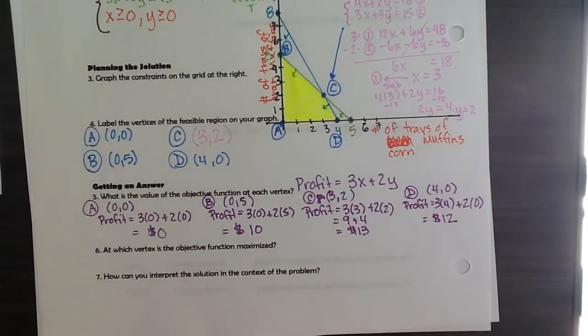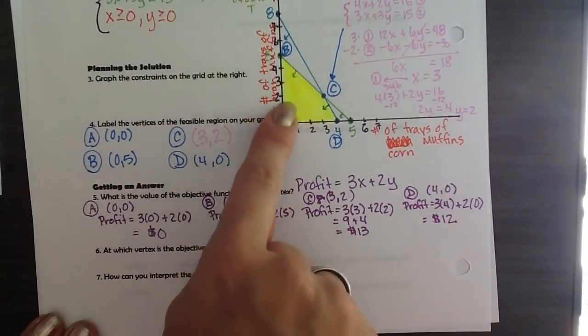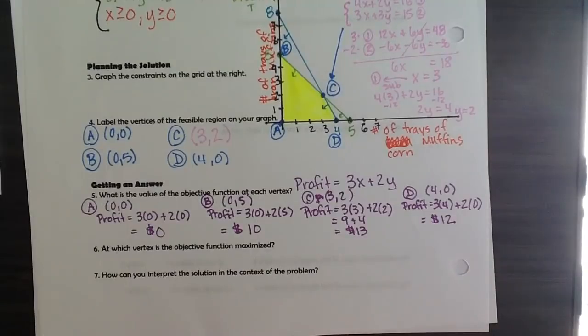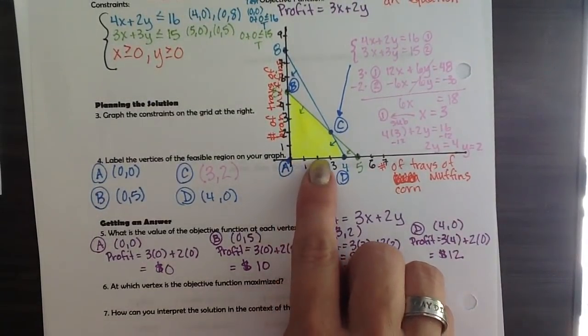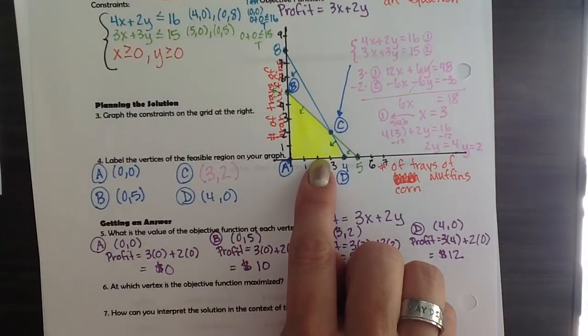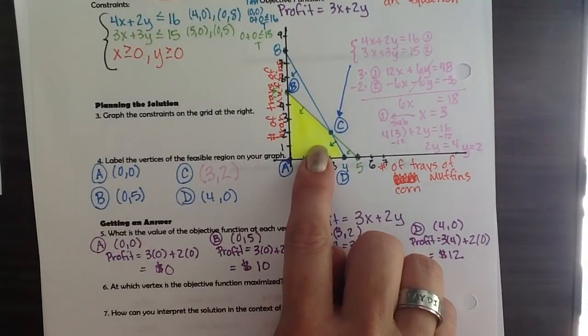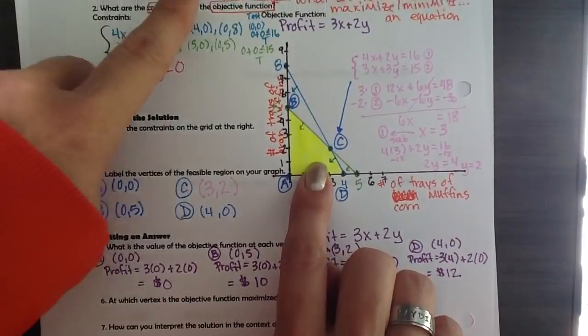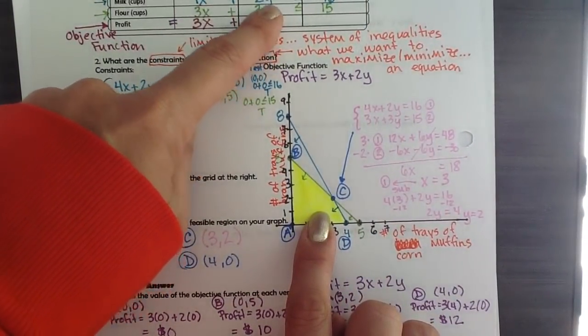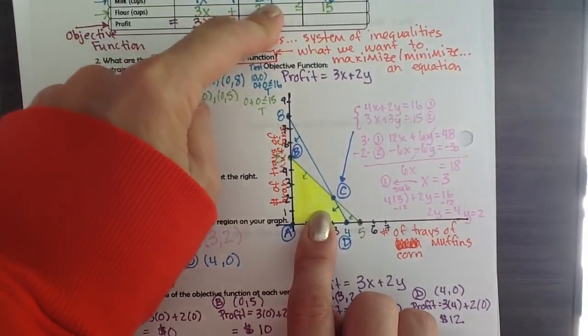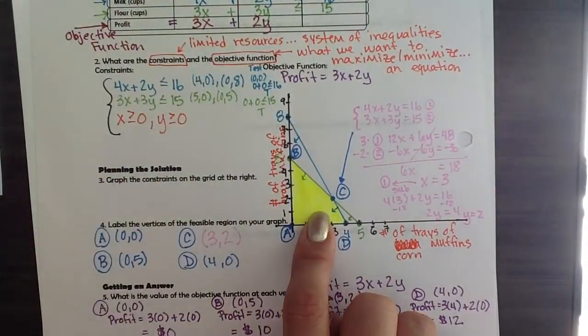Now we have to check through only those 4 points. We don't have to check any more, even though any combination in here will work for my ingredients. So for example, I could make 2 trays of corn muffins and 1 tray of bran muffins, and by doing that, 2 trays of corn muffins would be 8 cups of milk, 1 tray of bran muffins would be 2 cups of milk, so that's 10, which is below my 16.